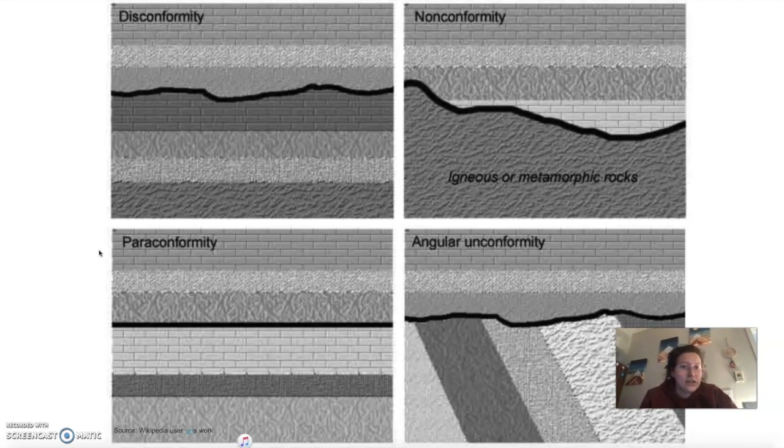So we'll go into each of these types of unconformities, but essentially an unconformity is a gap in geologic time. We can't see data, but we see that there is a gap of data. It's represented by this dark line because we can see that something happened, but we just don't know what it is yet until we do more research.